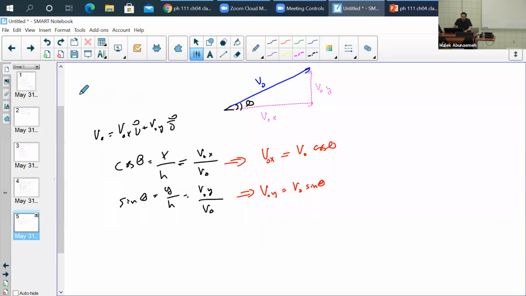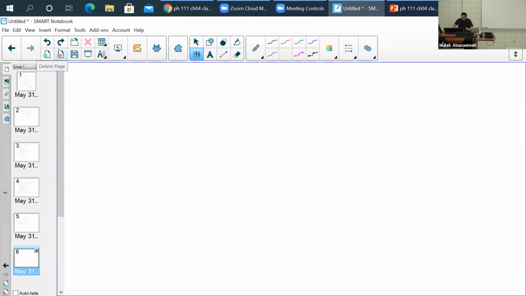Now, if you remember from our chapter 2 kinematic equations, we had an equation that said your distance was v t plus a t squared over 2. So let's look at the horizontal motion, our displacement in the x direction.